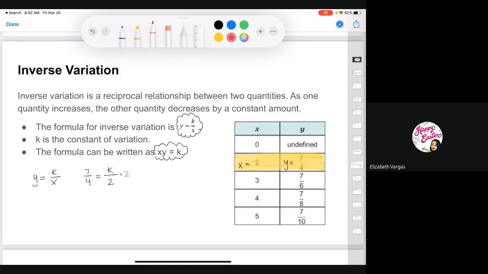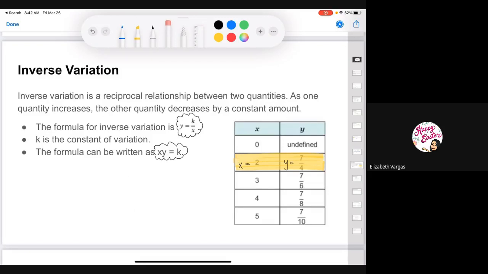So multiply by 2 on both sides. If I put 2 times 7 over 4 into a calculator, what I'll get is 7 over 2. And I'll see that 7 over 2 is my K. Okay. So that's one way to do it.